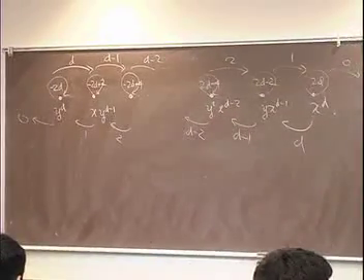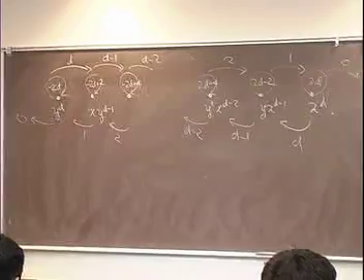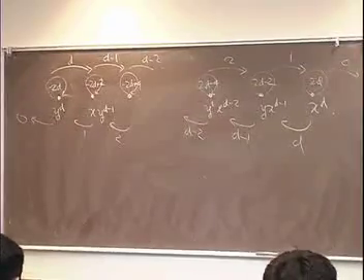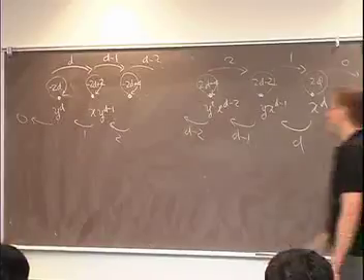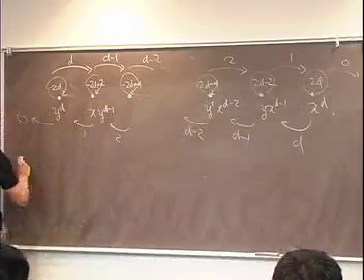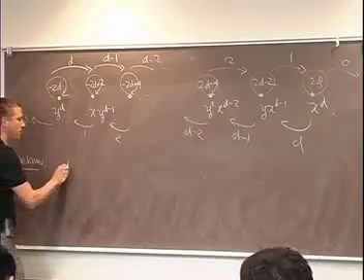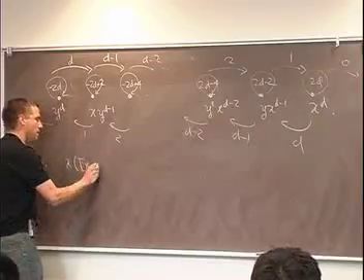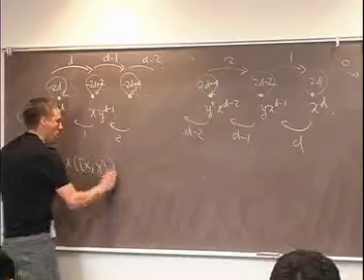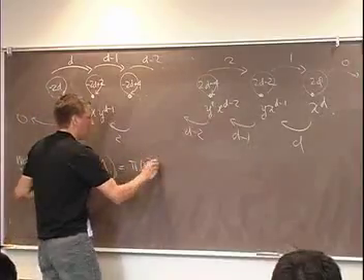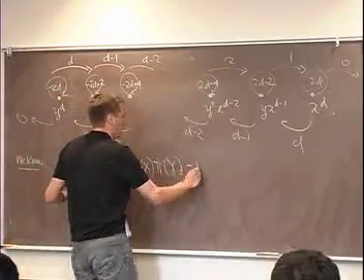The interesting thing is we know this comes from a representation. So we don't have to check the commutation relations. We know that the formulas I wrote down automatically satisfy that pi of x comma y is pi of x, pi of y, minus pi of y, pi of x.